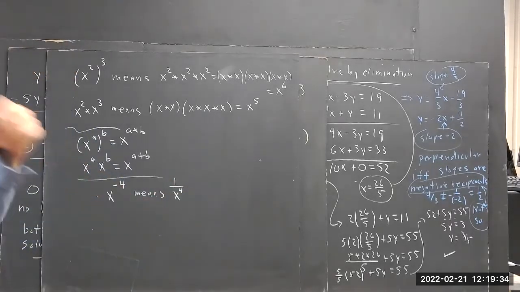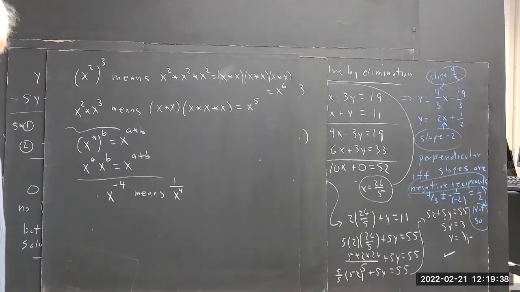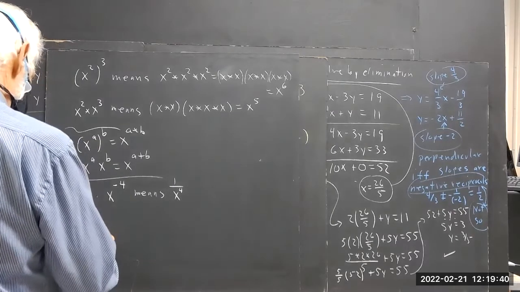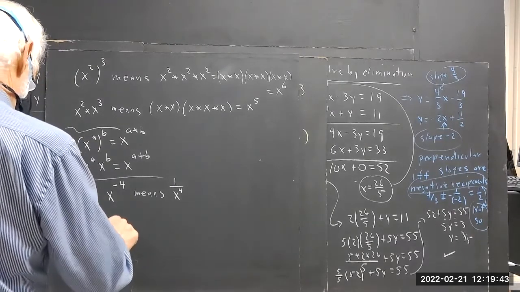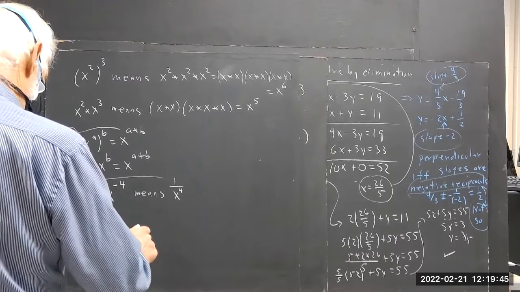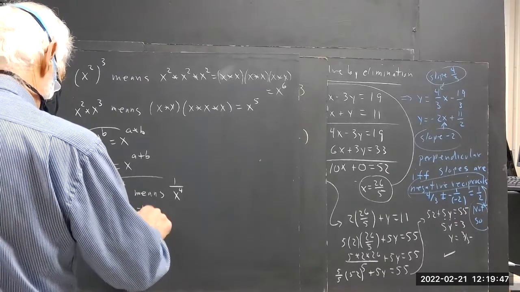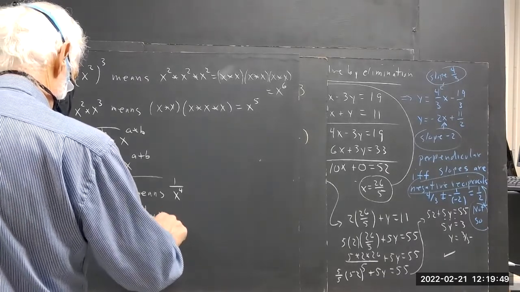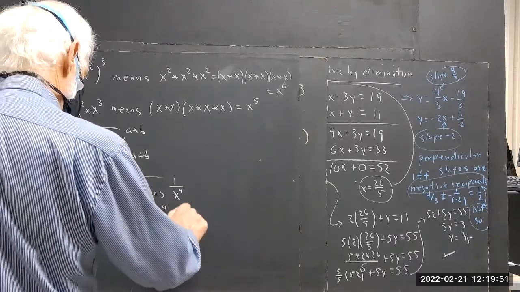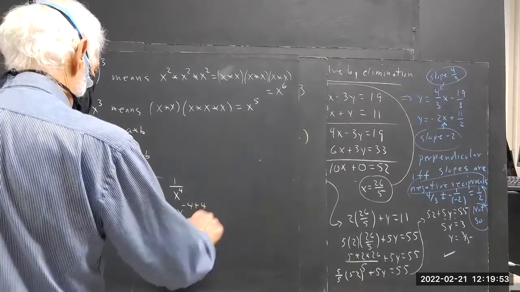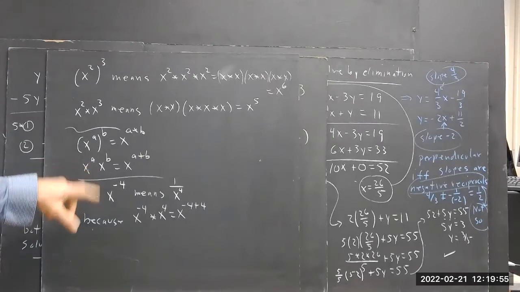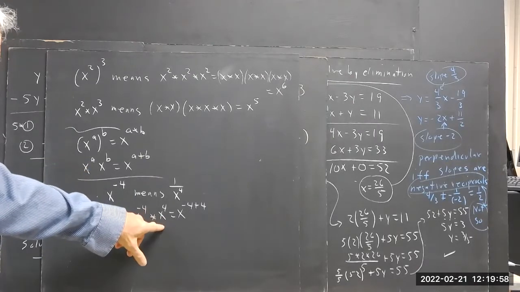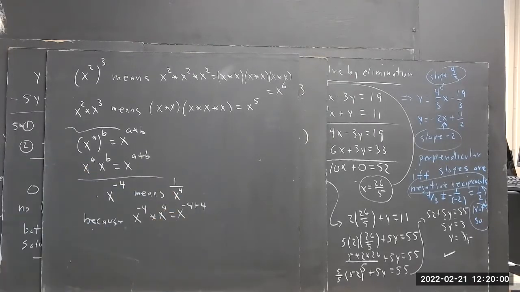Okay, another big deal. A negative exponent means this. Let me give you a quick reason for that. Because of this rule, if you multiply x to the negative 4 by x to the 4, you get x to the negative 4 plus 4.